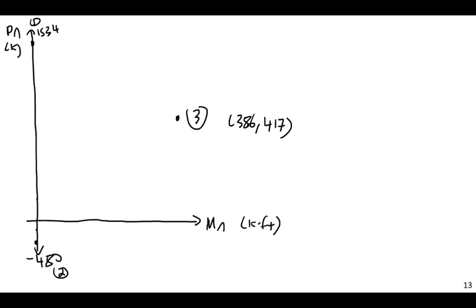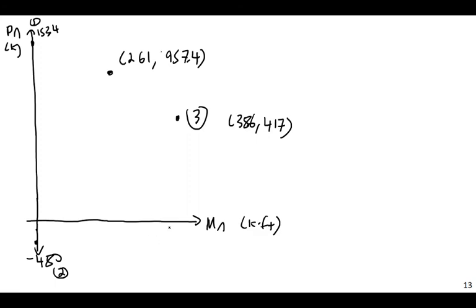And then points 4 and 5. Point 4 is going to be at 261, comma 957.4. Any objections to that? I think I got that right. Let's double check that. Yes, 957.4.